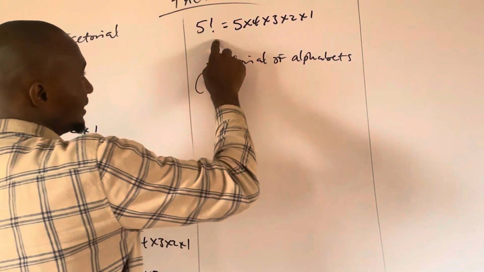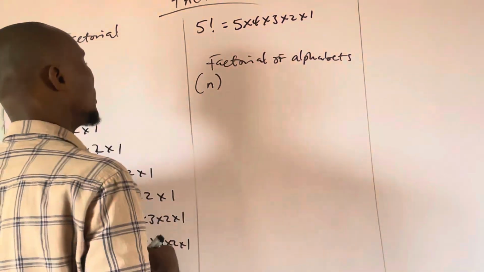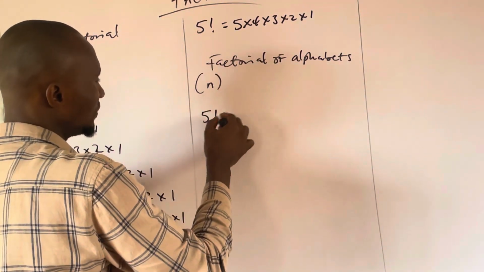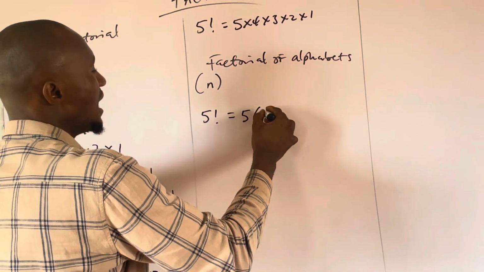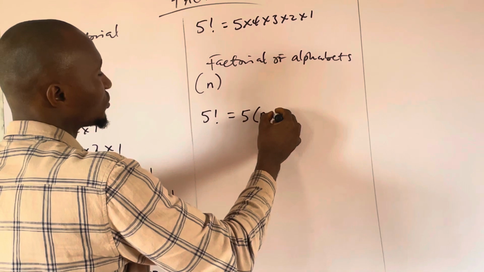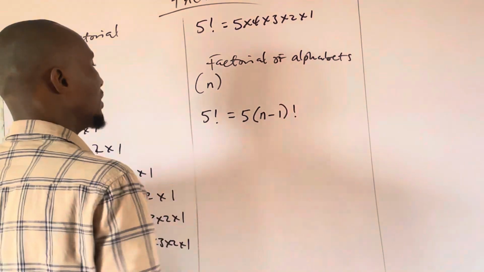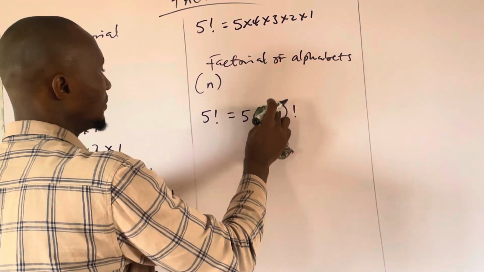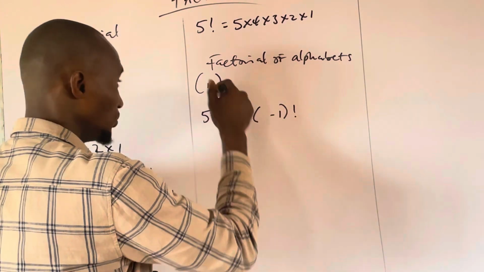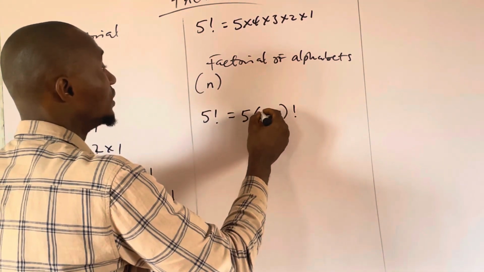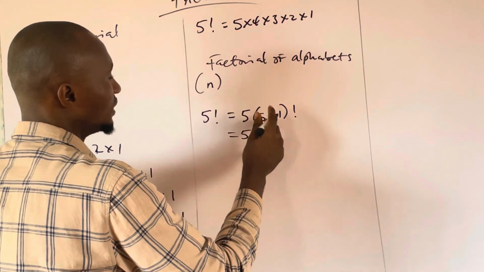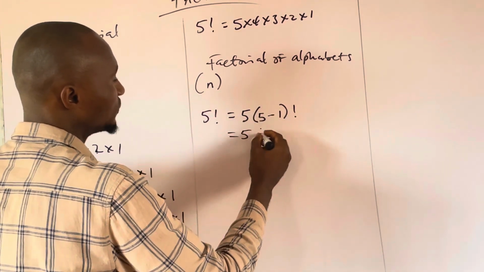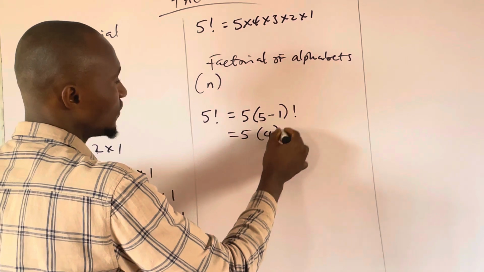You know that 5 factorial will give us this. The same way, 5 factorial is equal to 5 into bracket n minus 1 factorial. But let me not use n because we are talking about numerals. I will use normal n in alphabet. This means 5 in bracket 5 minus 1, which gives us bracket 4 factorial.